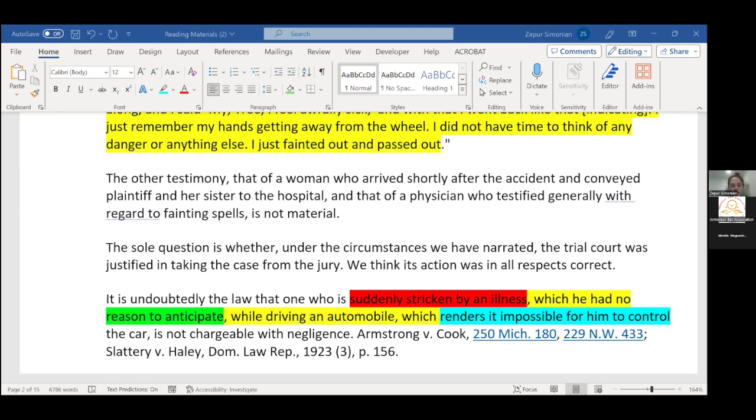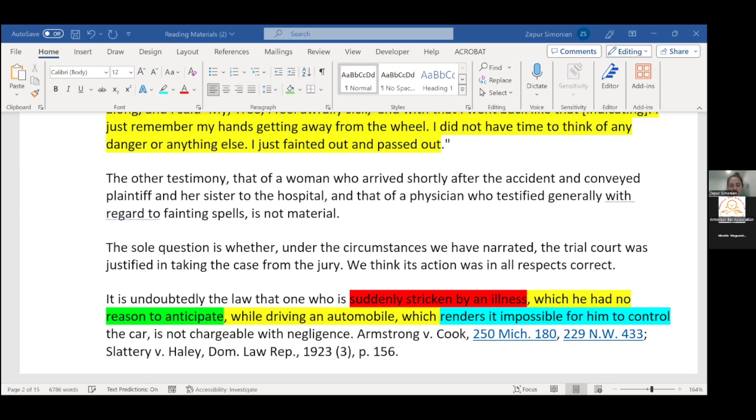So here the issue, and the best way to write an issue statement is one that allows for a yes or no answer. So: did a defendant act voluntarily? When? And what you want to do is bring in all of the key facts. This is the legal issue, then plus a when, plus the factual issue.